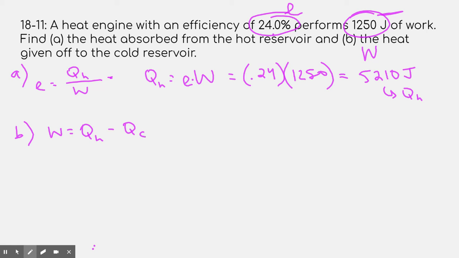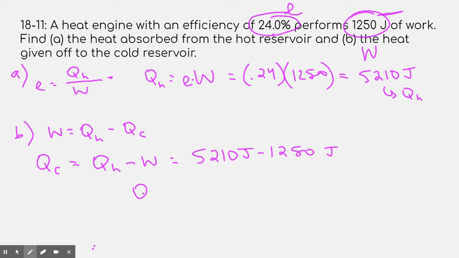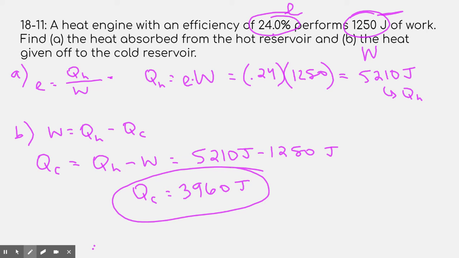QC is going to be equal to QH minus W. So that would be 5,210 joules minus 1250 joules of work. So QC is going to be 3960 joules. So there would be our answer to this part.